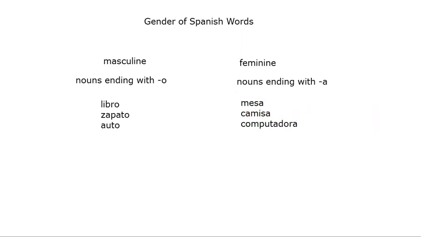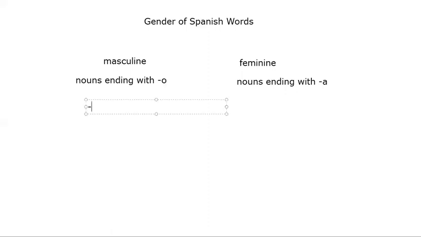And so let's take a look at some of those exceptions. There are exceptions, and also there's the fact that not all nouns end with O or with A. So some exceptions are a lot of words that end with ma, pa, or ta are masculine, even though they end with A. If it ends with these, they're more likely to be masculine.